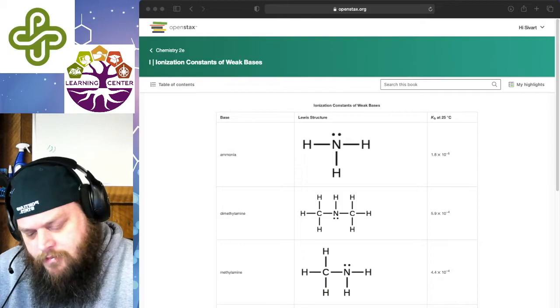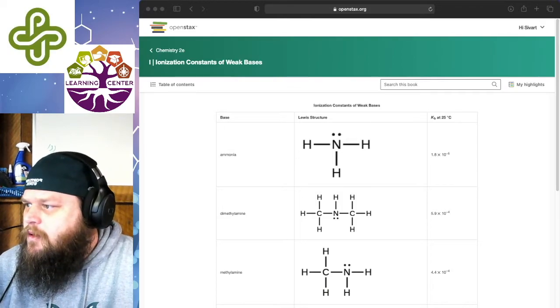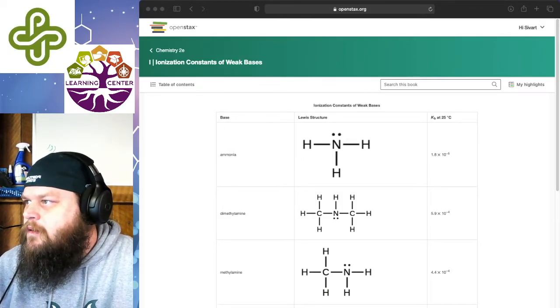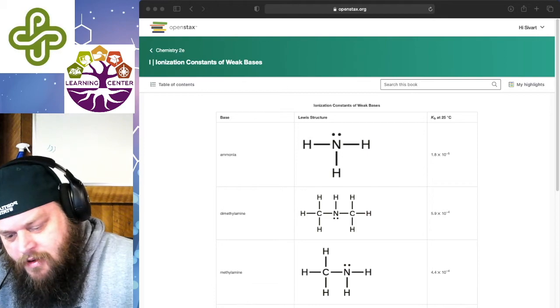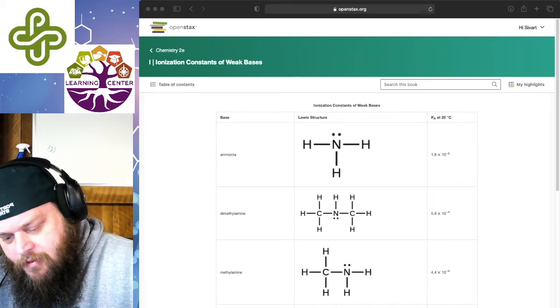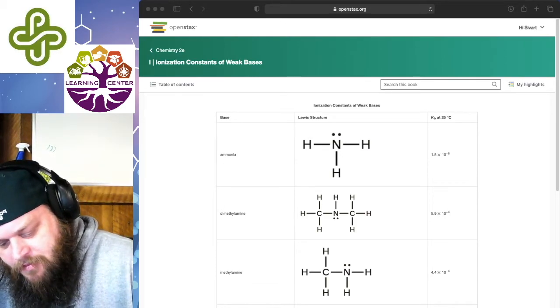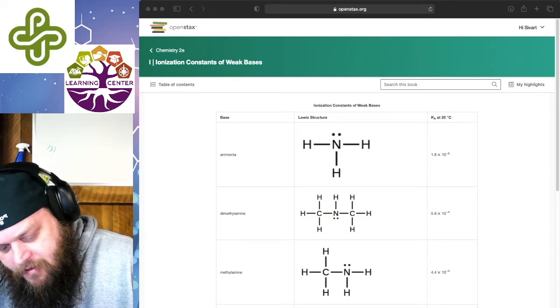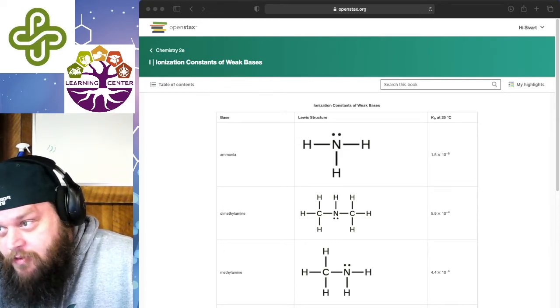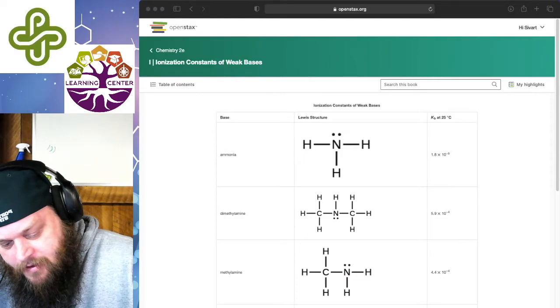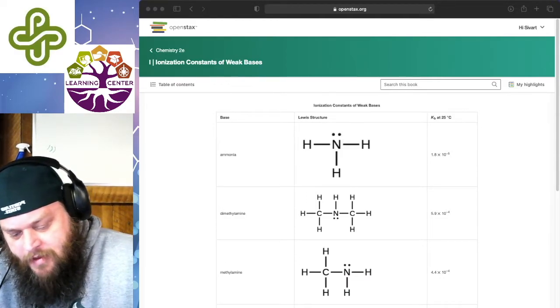Oh wait, that's the one I just did. Ah, there it is. In the book, they give us the KB value. I didn't write that down. So the KB value is equal to 6.3 times 10 to the negative 5. And that makes our life easier.